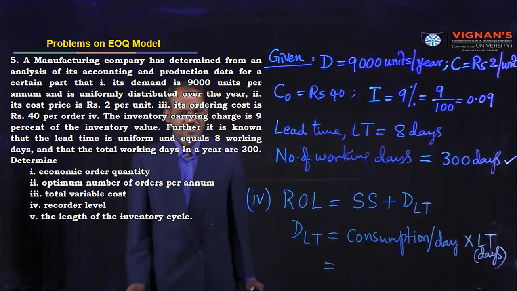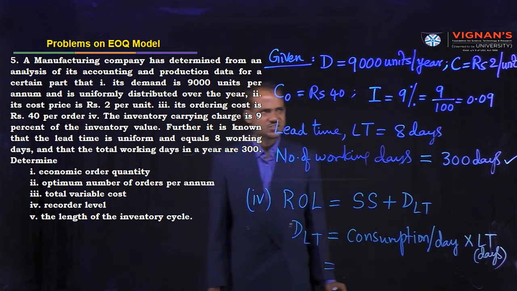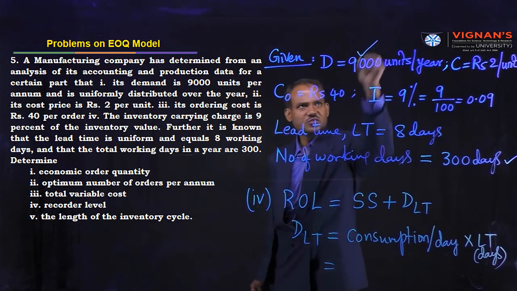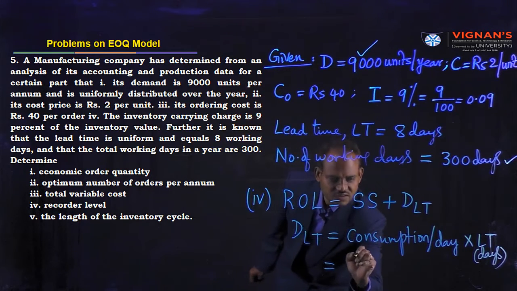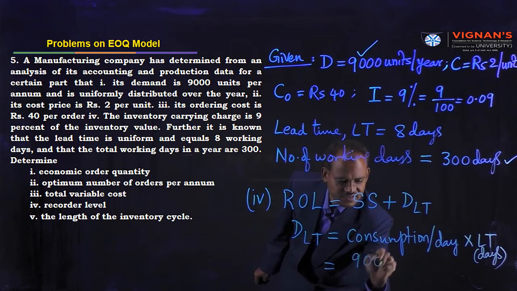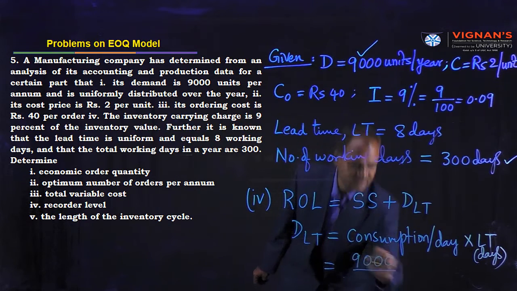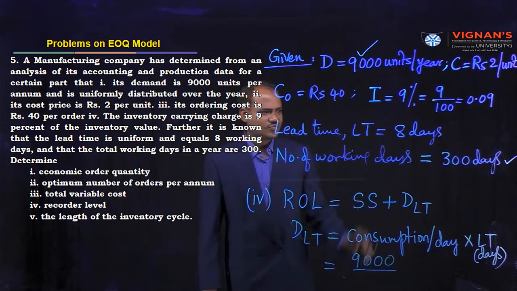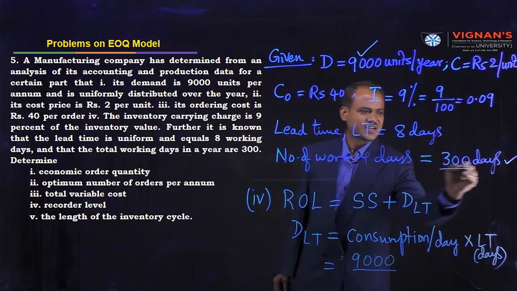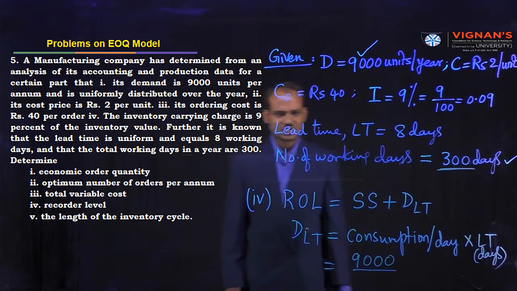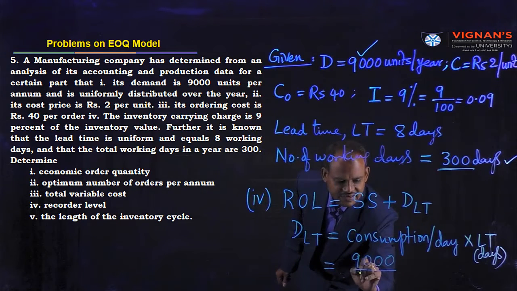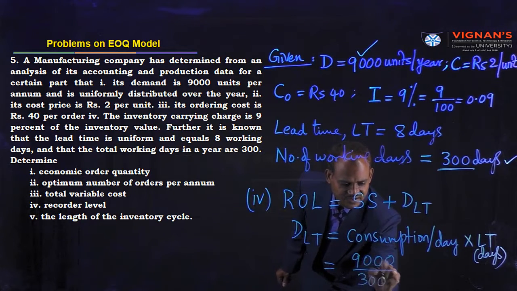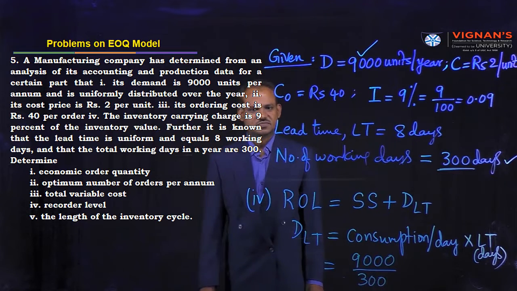We know the annual demand is 9,000 units. What is the number of working days? 300 days. Therefore, 9,000 divided by 300 is the consumption per day.